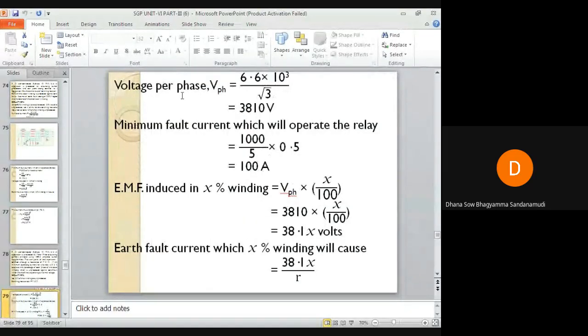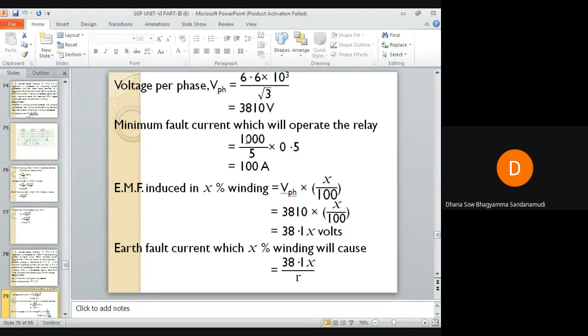Now, let us estimate the voltage per phase. Whatever line voltage is given, that is 6.6 kilovolts, you can write it down as 6.6 into 10 power 3 by root 3. You can determine the phase voltage. If you solve it, you will get 3810 volts as the phase voltage. And the minimum fault current which will operate the relay: in your problem they have given Merz-Price circulating current principle using 1000 by 5 amperes current transformers.